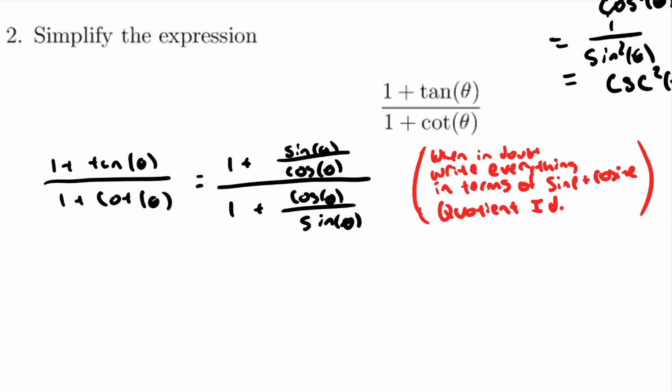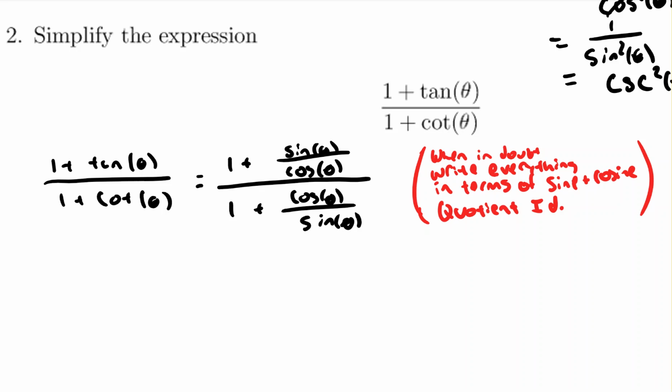From this step here, you have a couple options. You could say, well, what happens if I combine the fractions in the numerator and combine the fractions in the denominator? What I mean by that is combine the one in our fraction in each case. And there's nothing wrong with that.